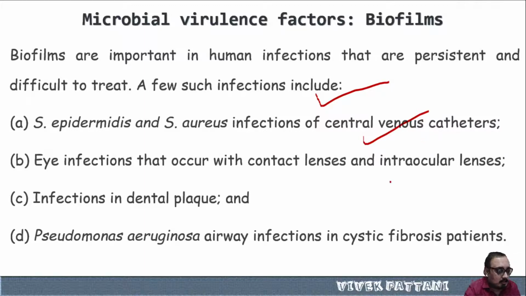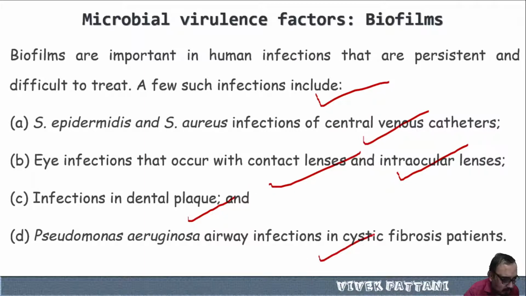The next is the eye infection that occurs with contact lenses and intraocular lenses. Next is the infection in dental plaque, the plaque which occurs in our dental cavities.